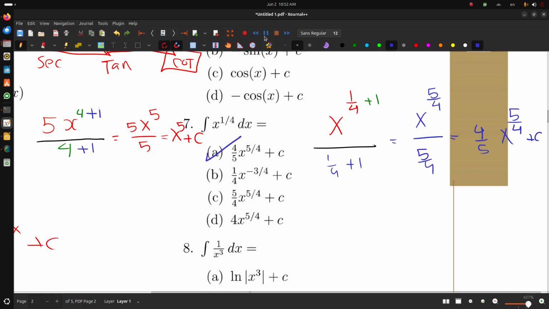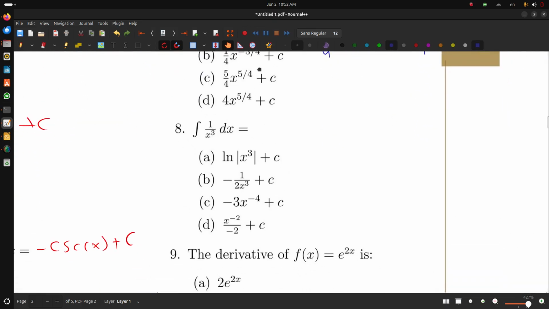Okay, next, the integration of 1 over x power 3. Okay, don't forget this one. You can remove x power 3 from the denominator and put it up to be x power negative 3, and then you will use the inverse power rule one more time. So I will add 1, and then I will divide by the new power.